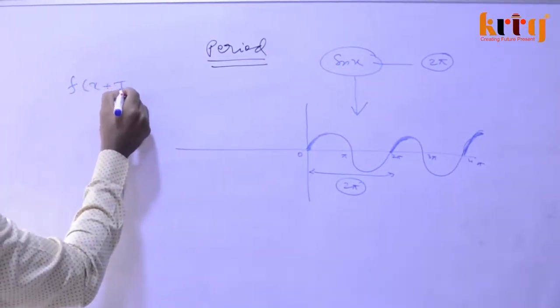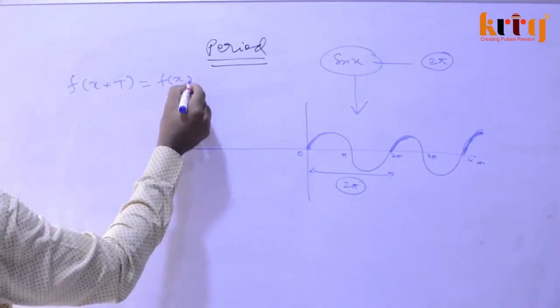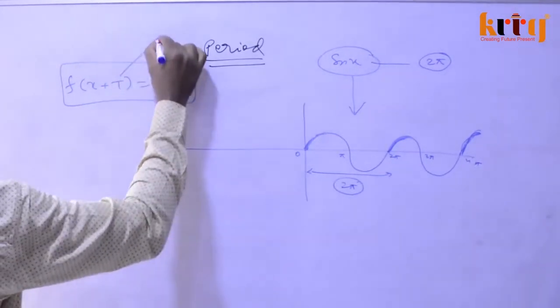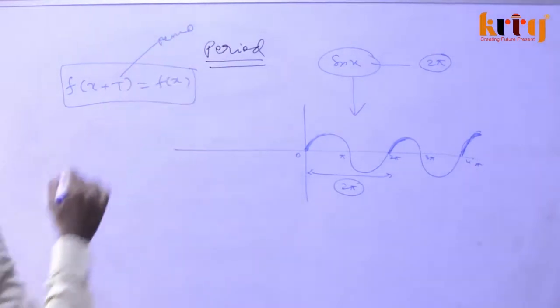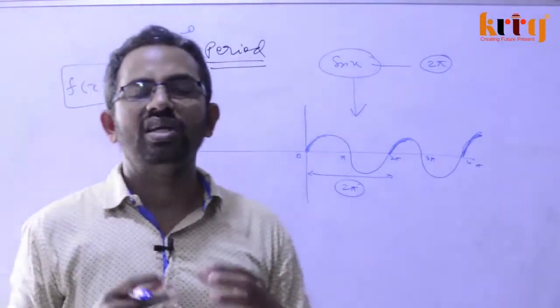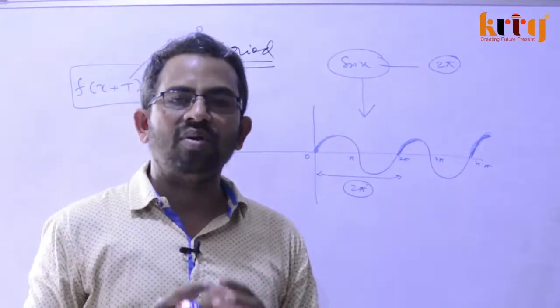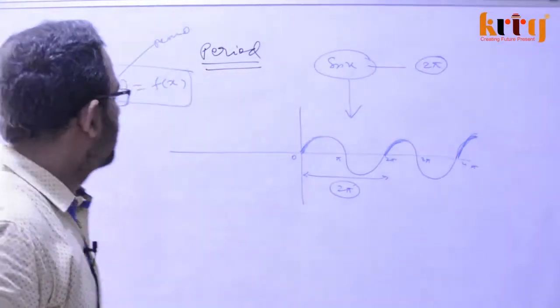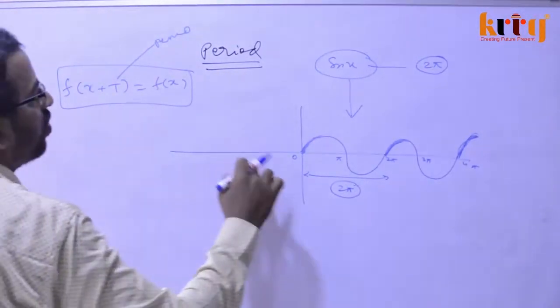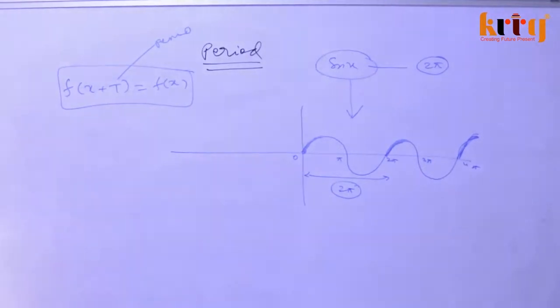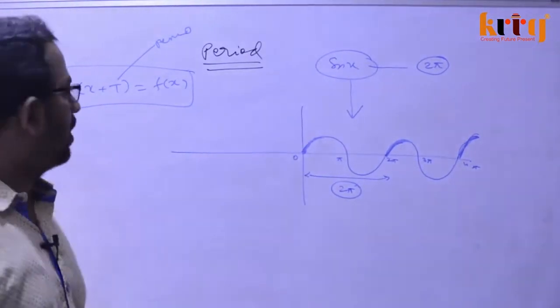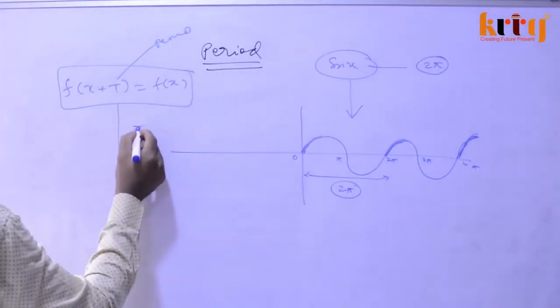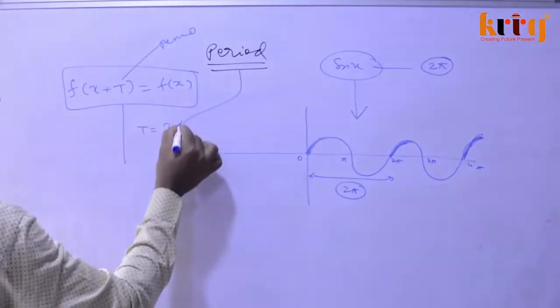f of x plus t is equal to f of x. Here t is the period, and remember, period is nothing but a length. So from this, even though you don't know the graph, you can find the period of the given function. Here we have to find the value of t because t is the period, right?